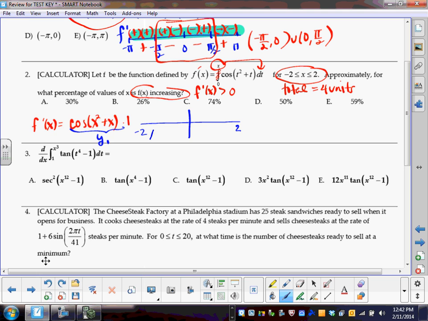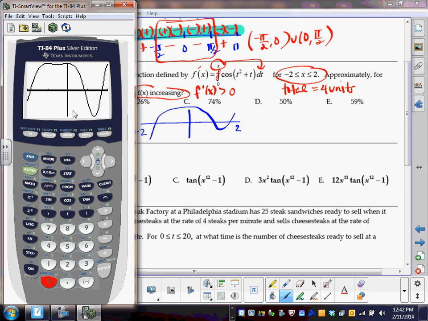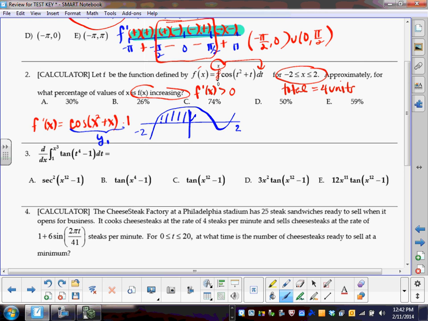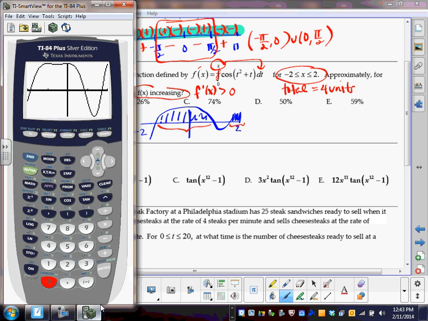Okay, so noticing what I have here, or what I could drag over from my calculator, on that window I have positive values here and here. So what I need to know is the total width of this part and the width of this part to figure out how much of the 4 units are positive.